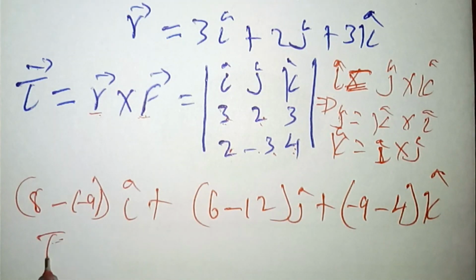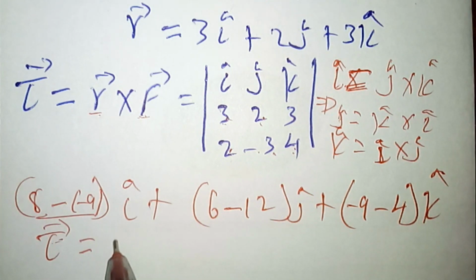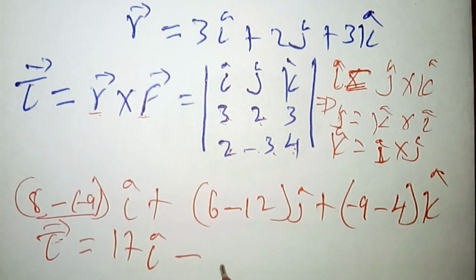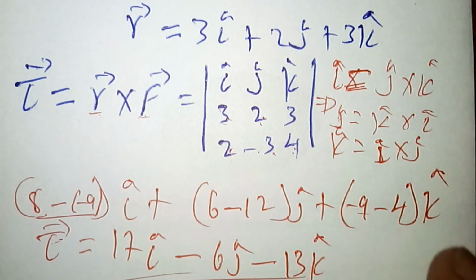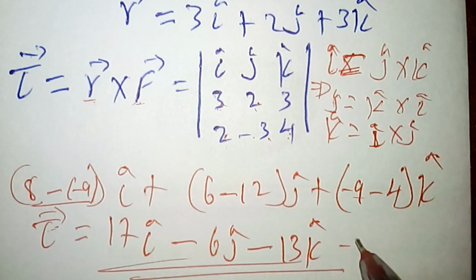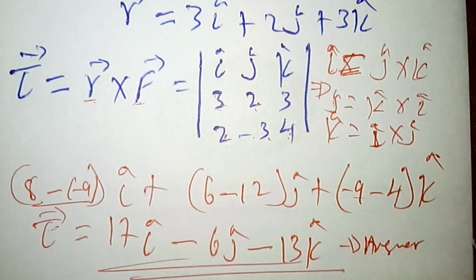So the torque is equal to 17i minus 6j and minus 13k, which is on alternative C. So the answer is on alternative C.